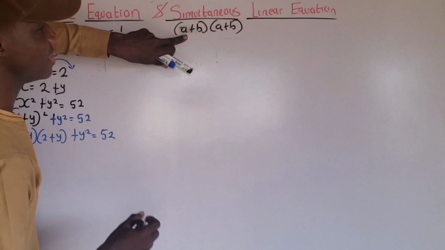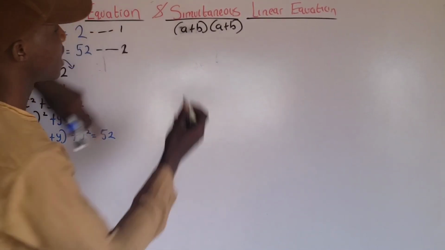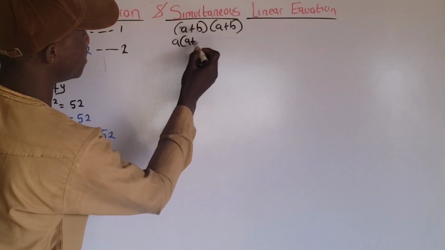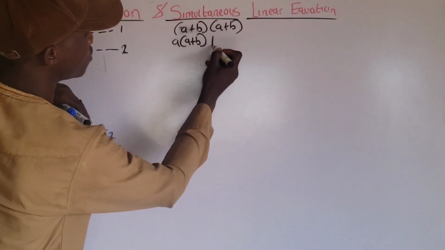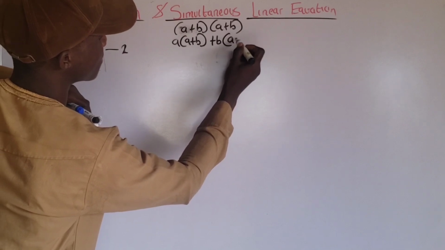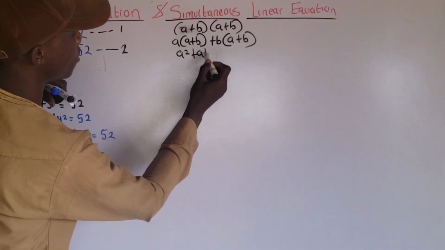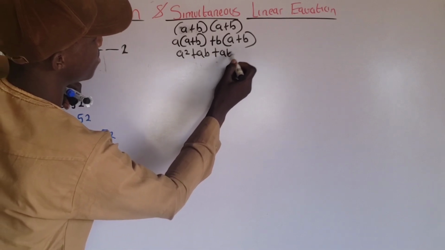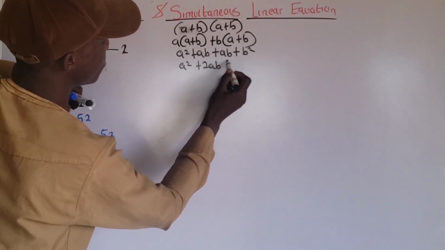So I have a into bracket a plus b. Then the second one, plus b, I use to multiply the second bracket as well. So I have a squared plus ab plus ab plus b squared, that is a squared plus 2ab plus b squared.